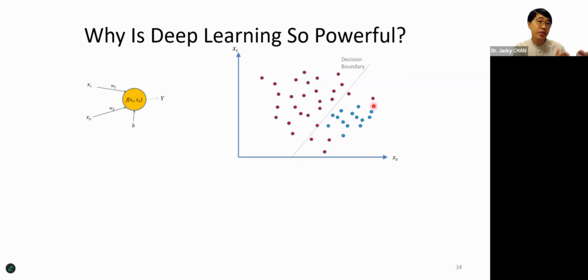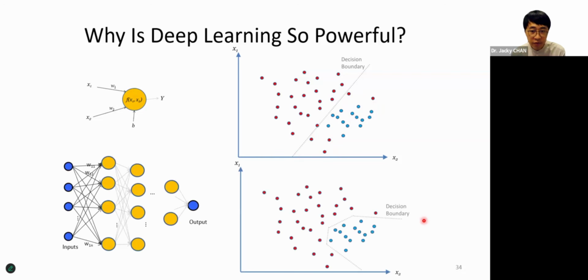It used to be on the left-hand side of the line, but now it is on the right-hand side. Deep learning models can help us draw a feasible decision boundary so that we can well separate complicated high-dimensional data. And that's why it is so powerful.